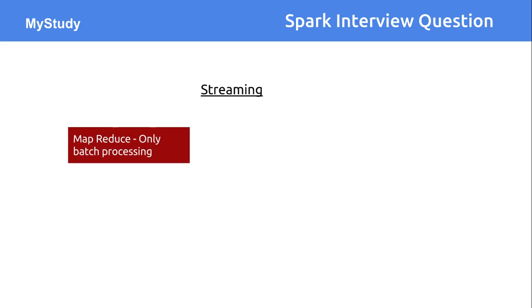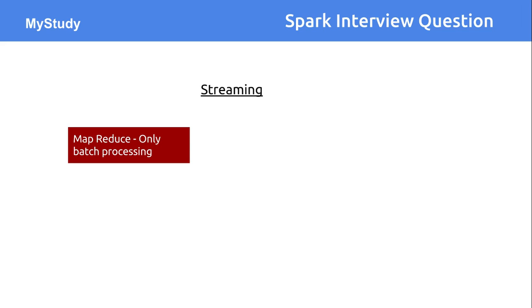Streaming. MapReduce only supports batch processing, so real-time streaming is not possible with the MapReduce way of programming. If the data is available somewhere at a remote location or on your local hard drive, you have to move that data into the Hadoop distributed file system, HDFS, and only then can you process it.